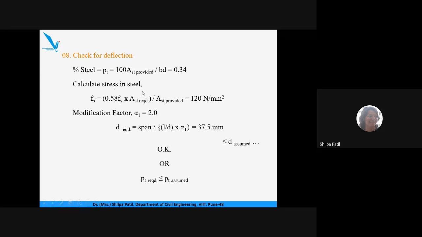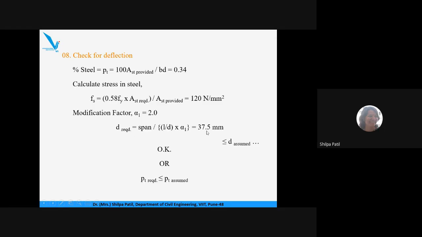Another way is to calculate the stress in steel. So the Fs formula is 0.58 into Fy into AST required upon AST provided. Here AST required is 120, AST provided is 239. Put all the values, find out Fs, and then making use of figure 4, that is the graph for the modification factor, find out alpha 1, put that value here and find out the depth required.